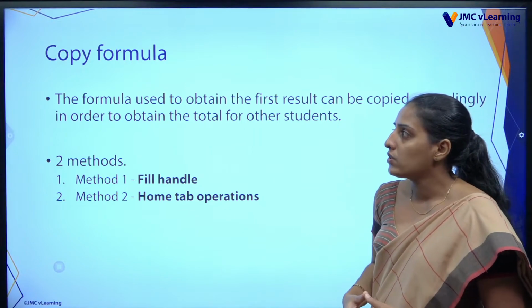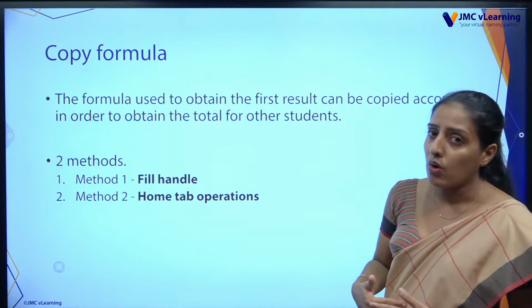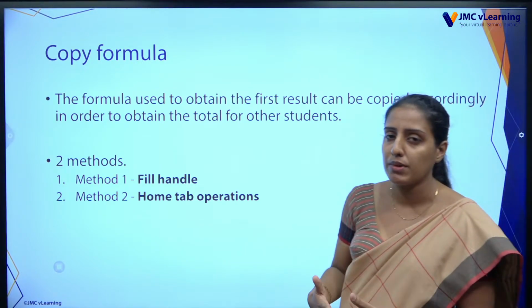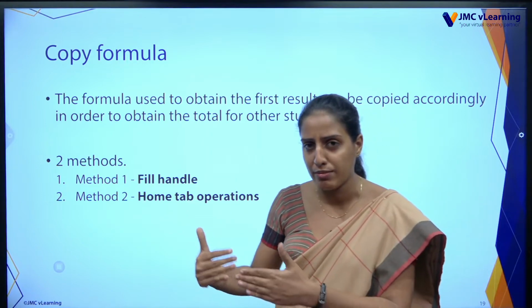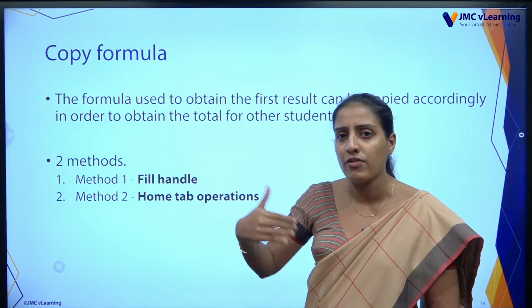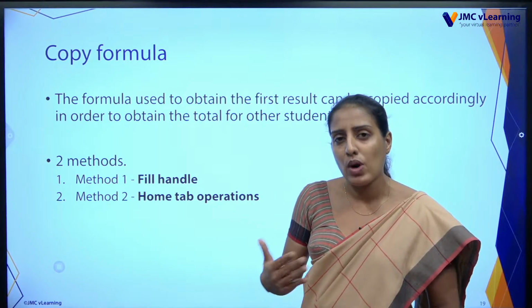The formula used to obtain the first result can be copied in order to obtain the total for other students. That means the same formula can be used for other students also by copying the formula, not typing the formula one by one. What are the ways?